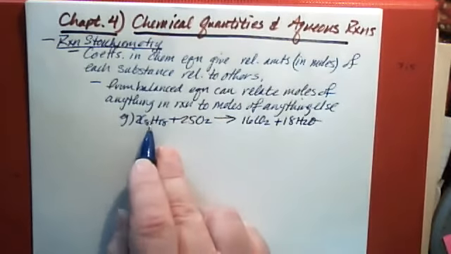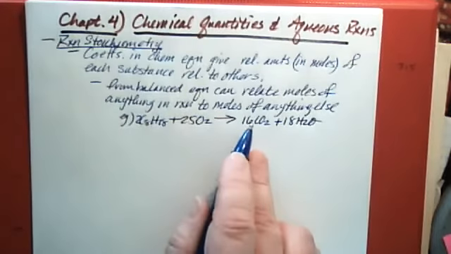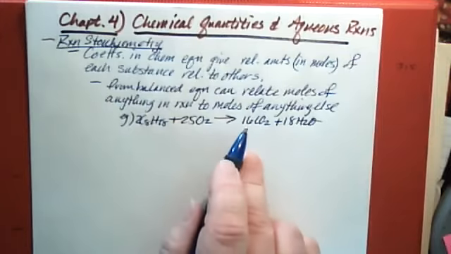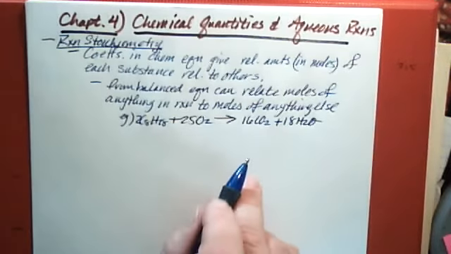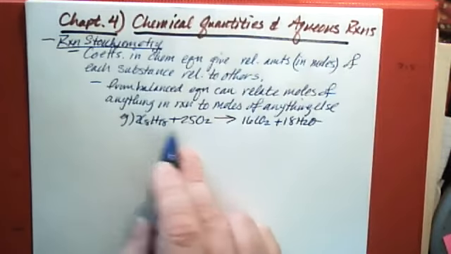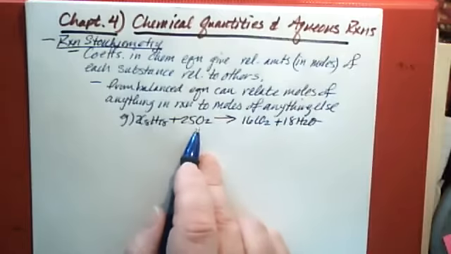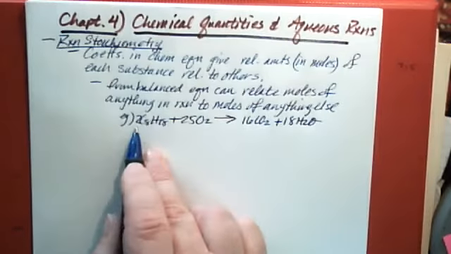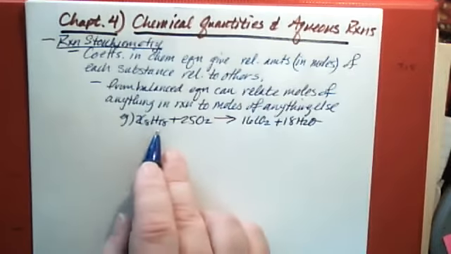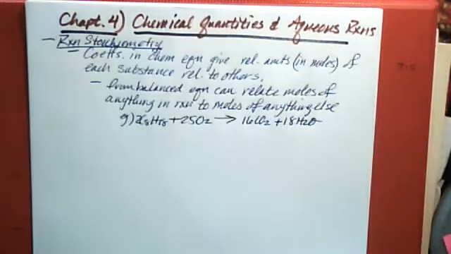So however many moles of butane, or sorry, of octane you burn, you produce 16 over 2 times as many moles of CO2. Or in other words, 8 times as many moles of CO2. For every 2 moles of octane you burn, you need 25 moles of O2. So that means that the amount of oxygen you need is 25 over 2 compared to the moles of octane. Or in other words, you need 12.5 times as many moles of oxygen as you do octane, and so on and so on and so on.